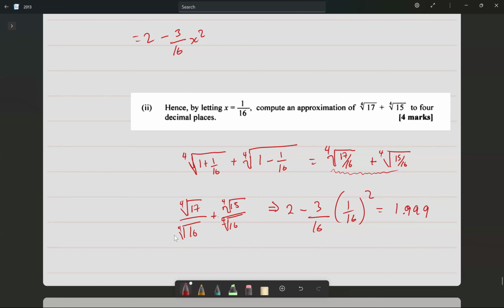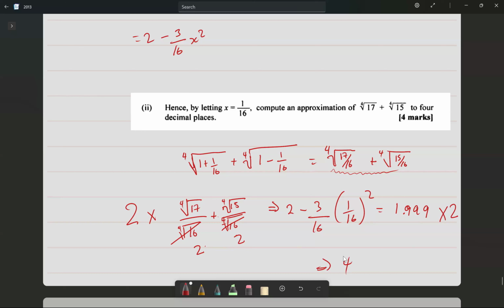The fourth root of 16 is 2. Don't know if you're aware of that. It's 2. You can put it in a calculator and show. So then we need to multiply this entire thing by 2 to get rid of these. And so we have to multiply the entire section over this side by 2. So then the final answer is 4.